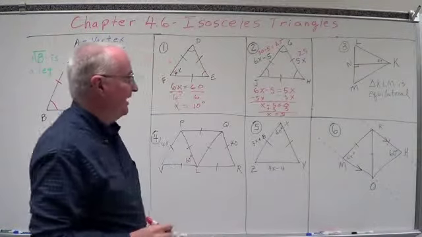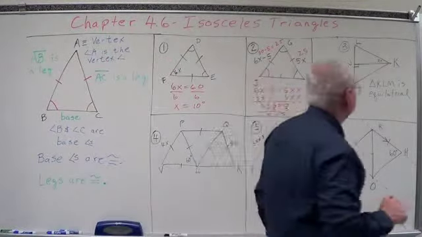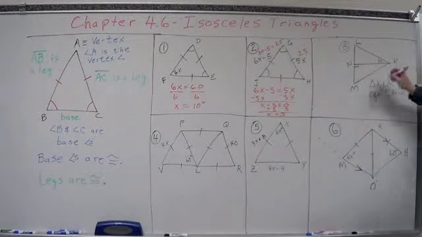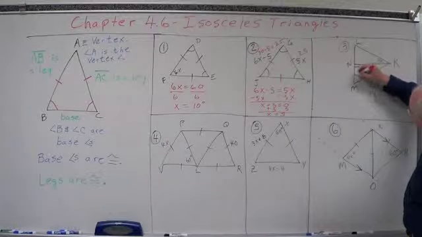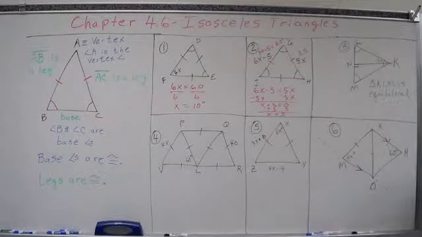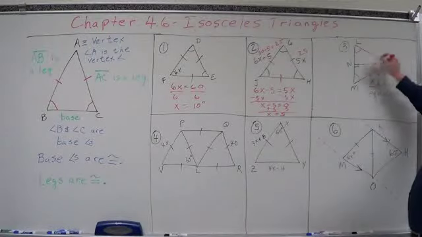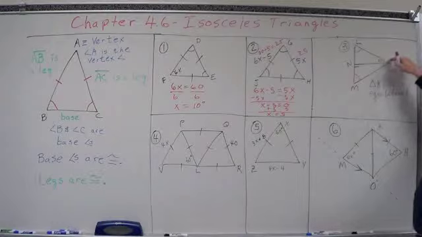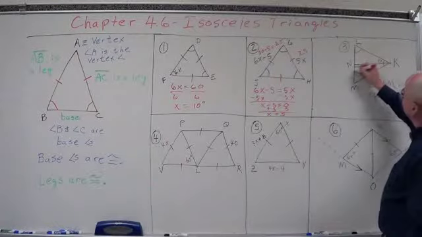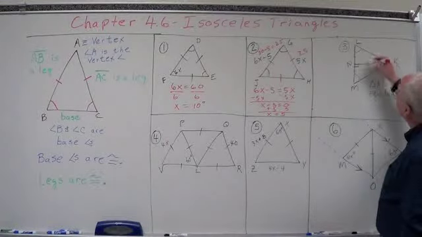Okay? Now, the next one is a little different. We know that this is an equilateral triangle. Well, if we know that's an equilateral triangle, we know this angle equals that angle equals that angle. One of the things we talked about is if we have a perpendicular drop from the vertex to a base, then that makes these congruent.